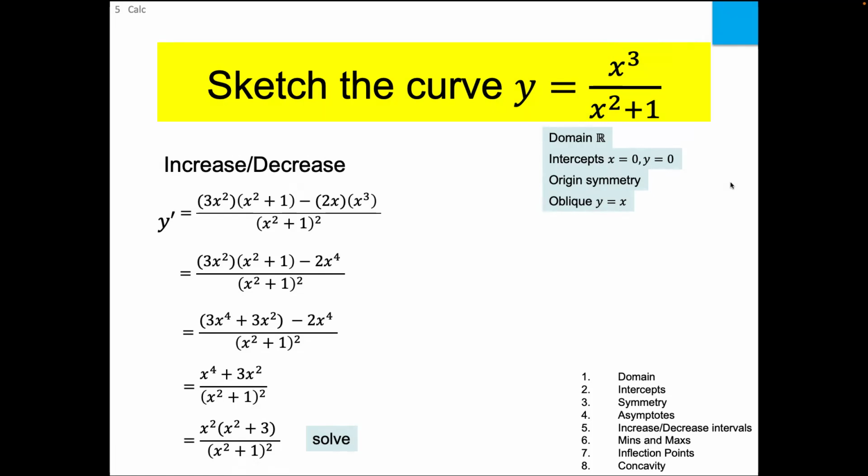If he sets the top equal to 0, how many things are being multiplied together? 2. So we got the x squared. Clearly that's a 0. What does this one turn into? Negative. Think it through.